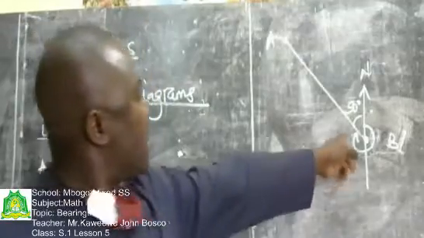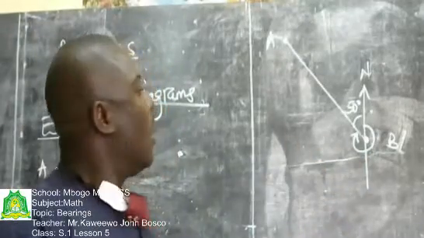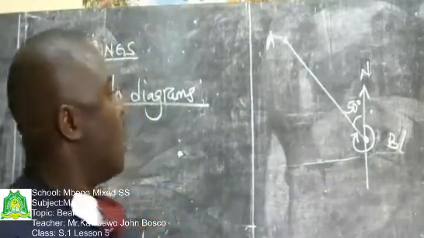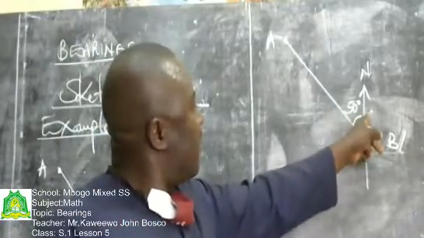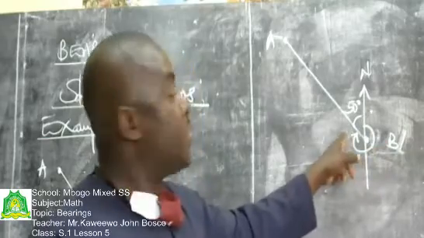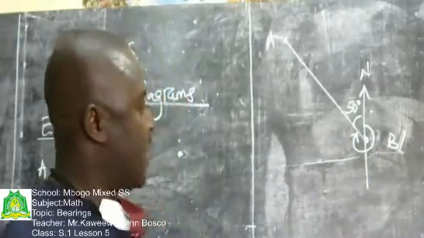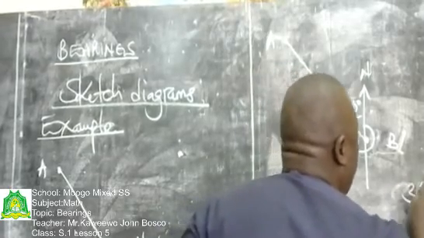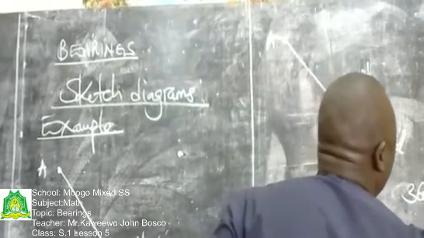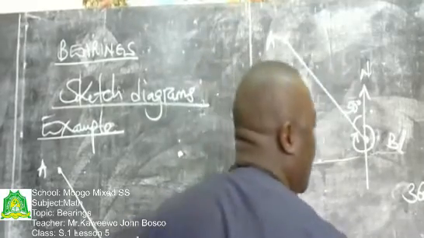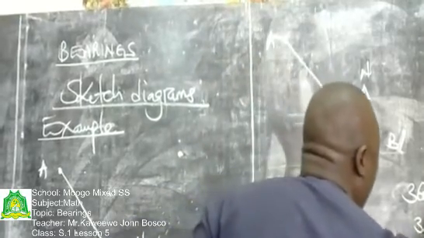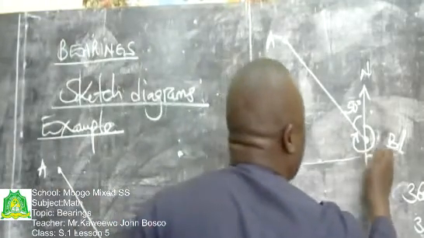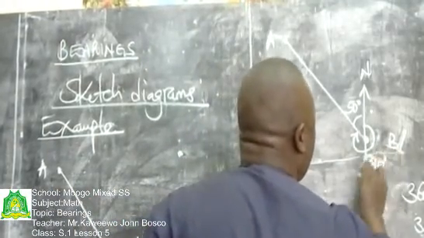How can we get that angle? It is easy. One complete turn is 360 degrees. So if there is this balance of 50, that means we have so far moved 360 minus 50, which leaves us with 310 degrees. And from here, we shall have this angle as 310 degrees.